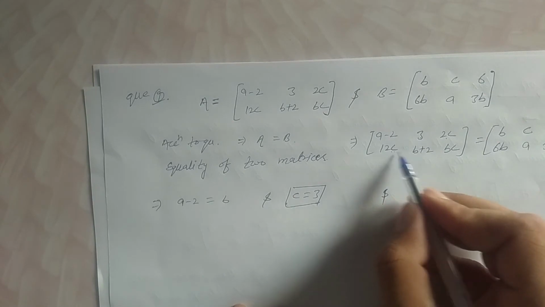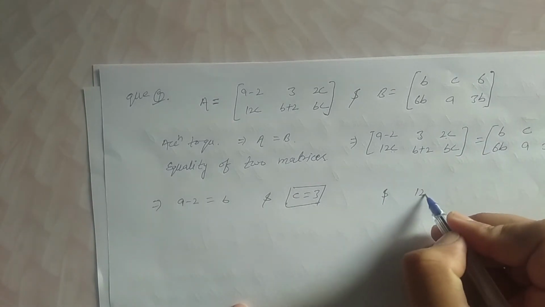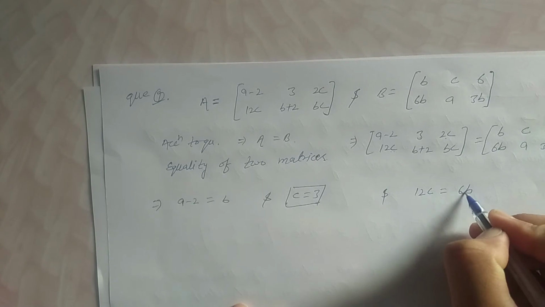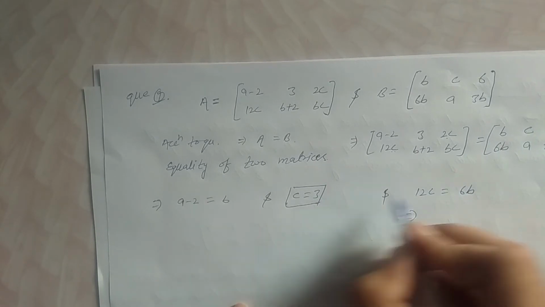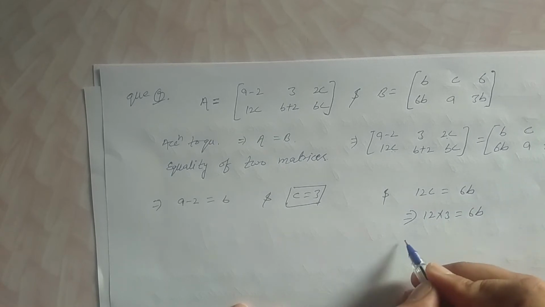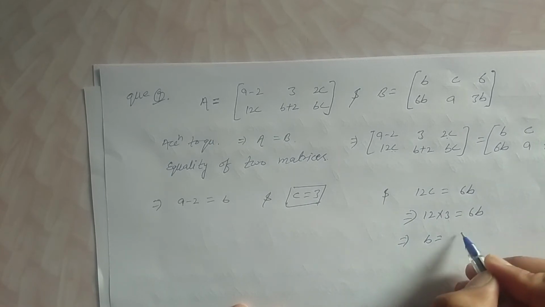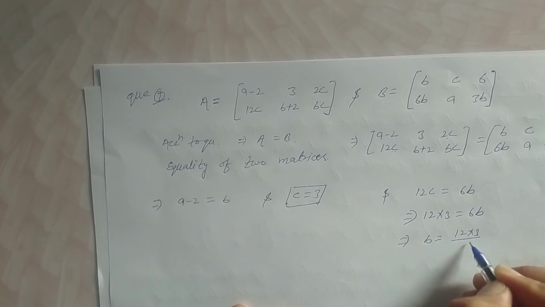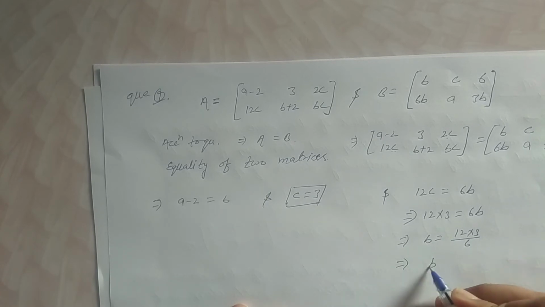And 12c is equal to 6b, which implies c is equal to 3. It means 12 into 3 is equal to 6 into b. Implies b is equal to 12 into 3 by 6. It means b is equal to 6.